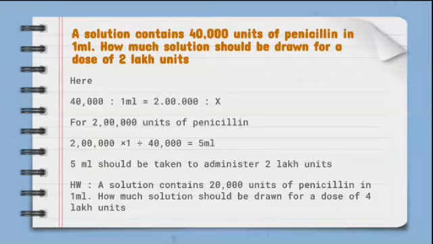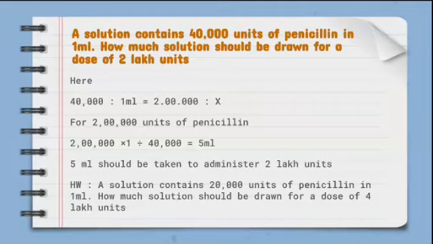The next question here is, a solution contains 40,000 units of penicillin in 1 ml. This penicillin question was also asked in your previous question paper. So 1 ml is equal to 40,000 units. You can keep it like a ratio first, that is 40,000 is to 1. How much solution should be drawn for a dose of 2 lakh units? So here 2 lakh is to x. You keep it on the other side, same as the previous calculation.